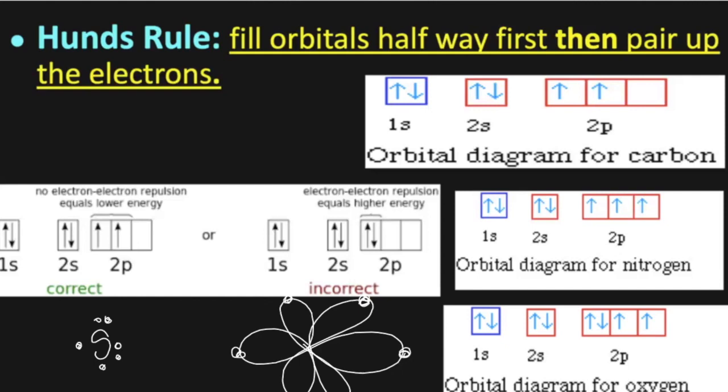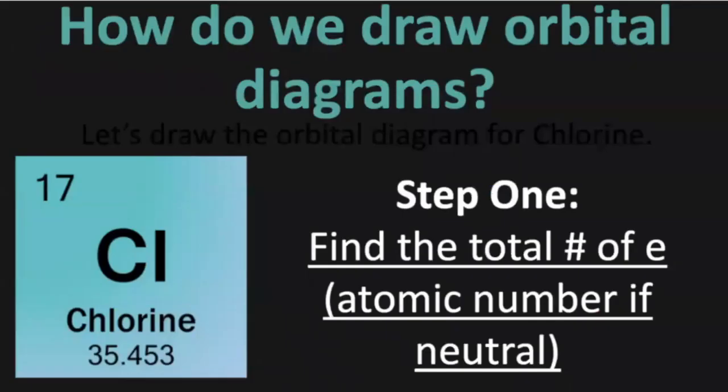All right? So let's look at the steps that you're going to follow in order to do this. Step 1, find the total number of electrons. That number is equal to your atomic number if that atom's neutral. If it's not neutral, you'll see a positive or a minus beside the atom.